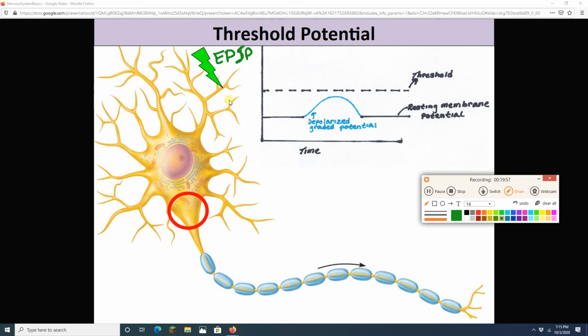Now, here's something to realize. When we get the depolarization here, it will spread. The depolarization will spread. But there's a question mark involved here.